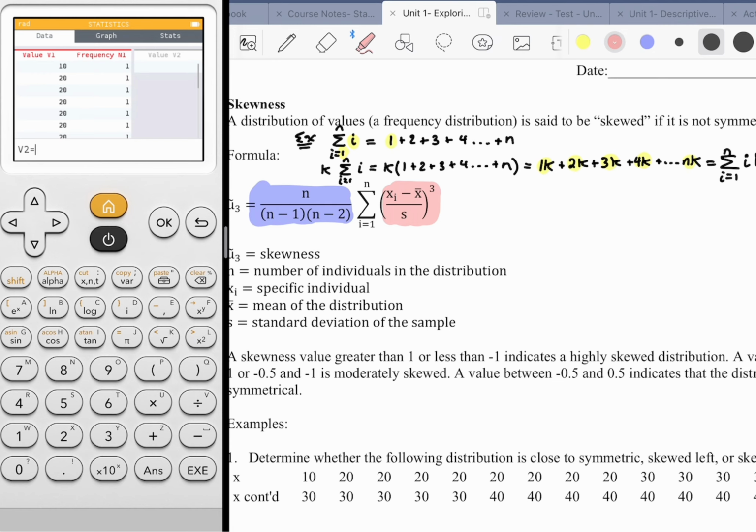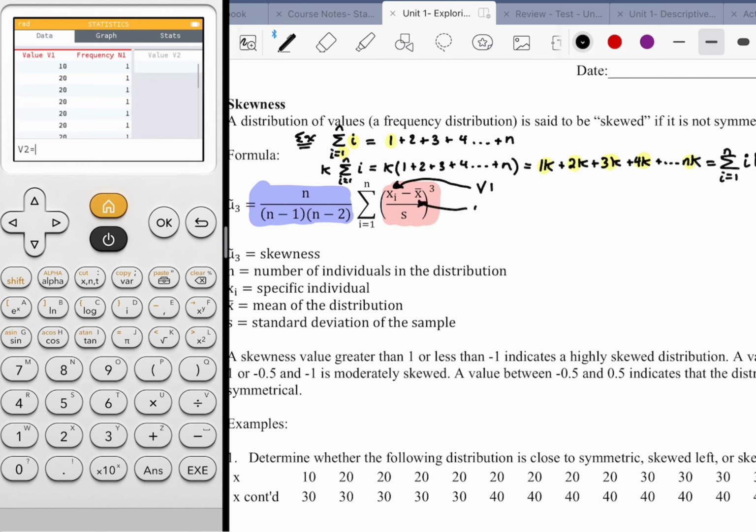So I'm going to go to my value v2. I'm going to hit fill with a formula and select empty. And now I'm going to type in x sub i minus x bar over s raised to the third power, which sounds really complicated until you realize that x sub i is each of the individual values found in v1.